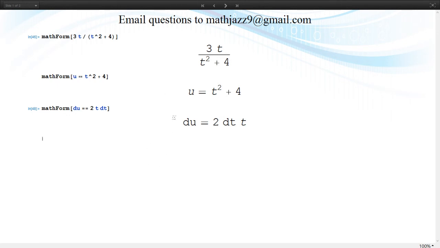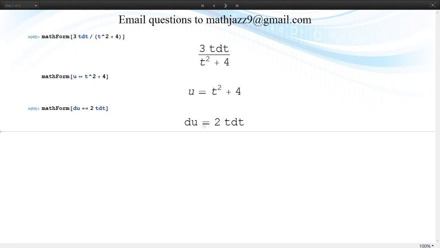So in the numerator here we have this. Let's put a dt in the top. 3t dt. Okay, so we have 3t dt.